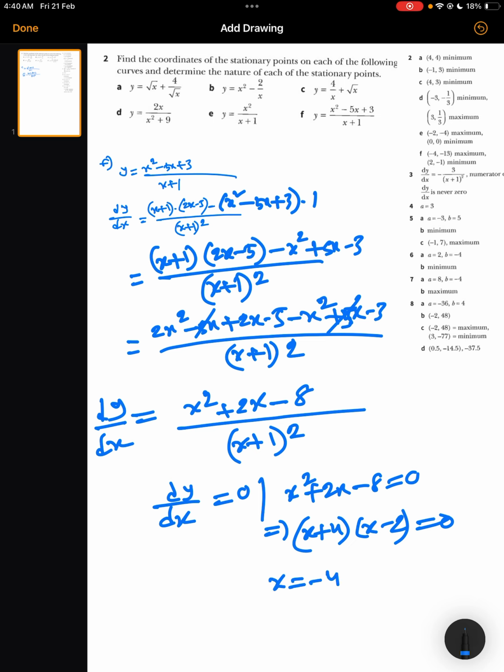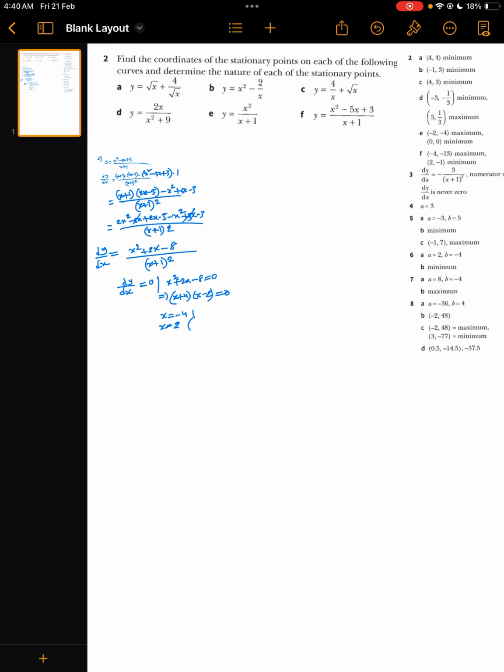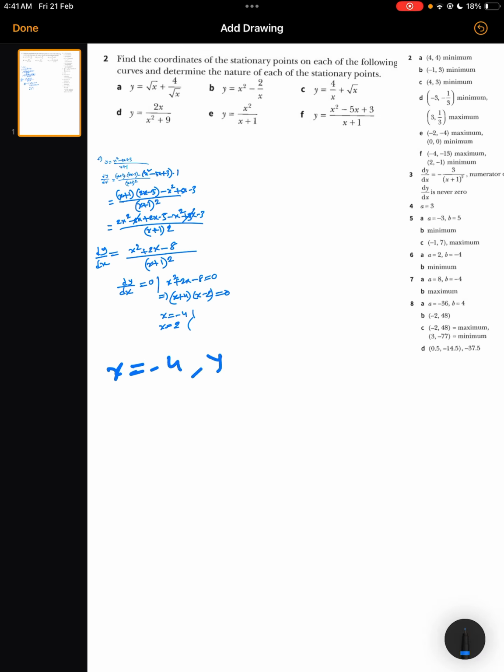So we'll have x is equal to minus 4 and x is equal to 2. Yeah, that's correct. So we have to find the two corresponding y values. When x is equal to minus 4, y would be minus 13. Guys, you can calculate. When x is equal to 2, y would be minus 1.